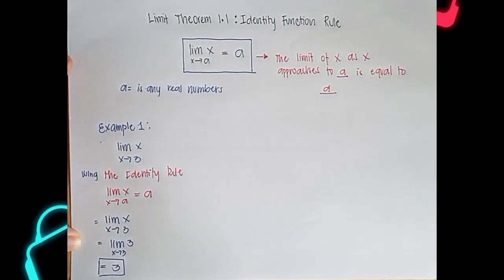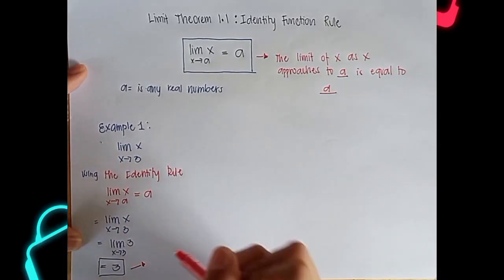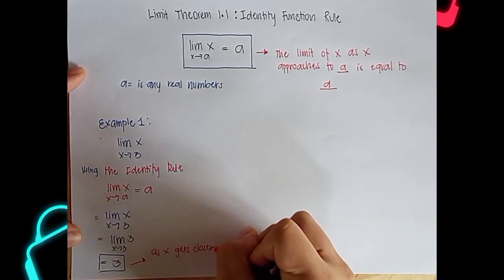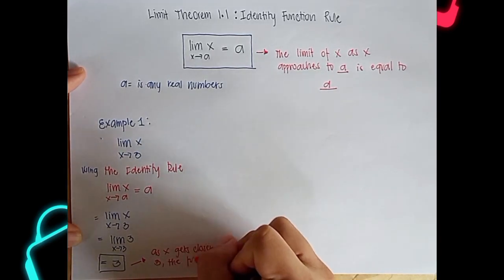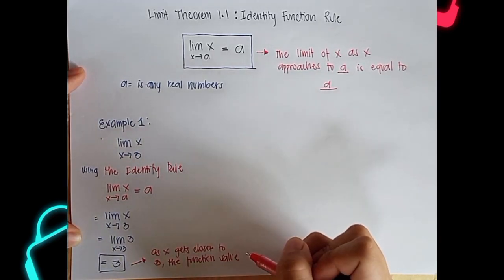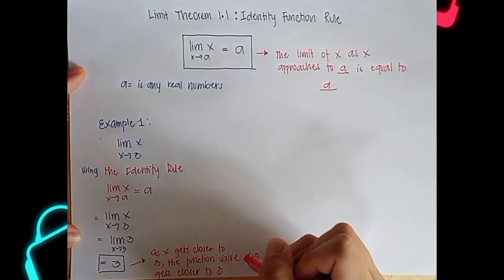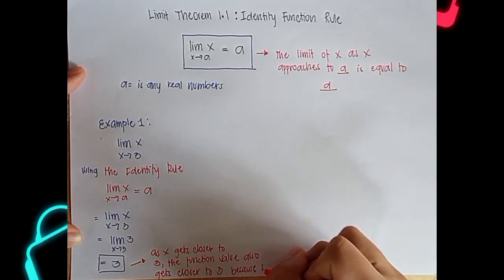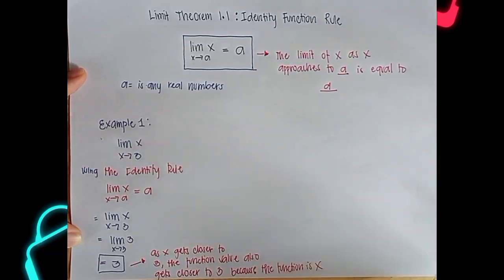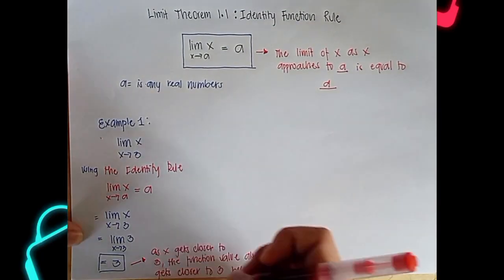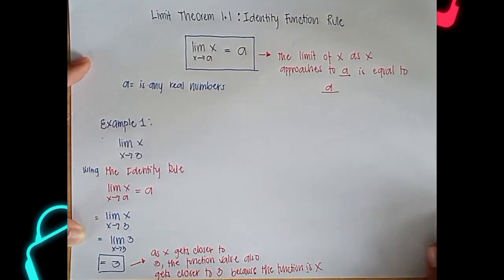So we ask, as x gets closer to 3, what does f of x get closer to? Since f of x is x, the answer is simply the limit of x as x approaches 3 is equal to 3. Note that whenever you take the limit of x as x approaches a number, the result is just the number. That's why it is called the identity function, because f of x is equal to x.